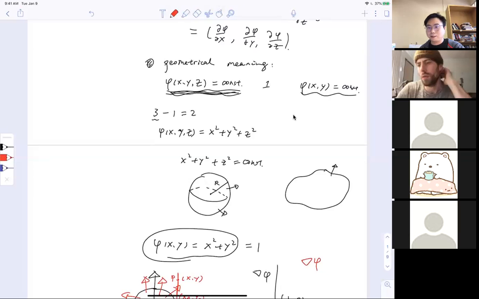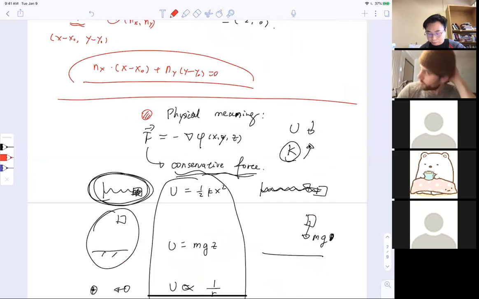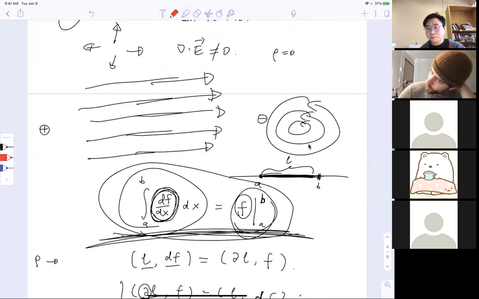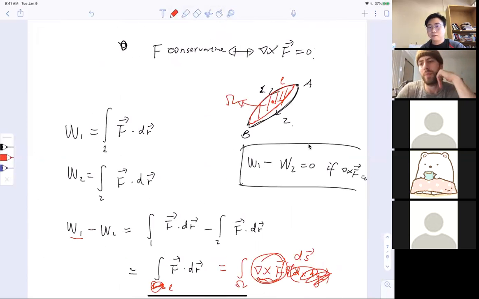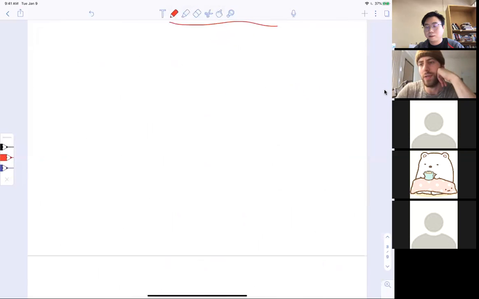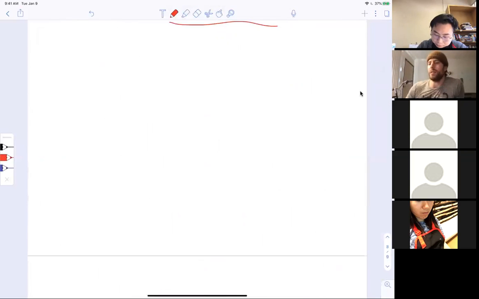I was curious about the curl. Del cross F equals 0 implies conservative fields.